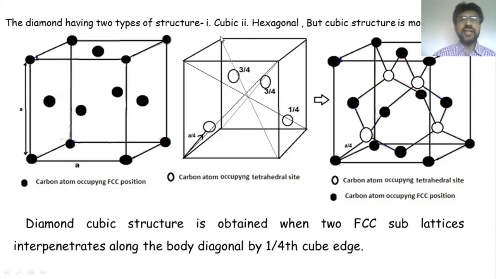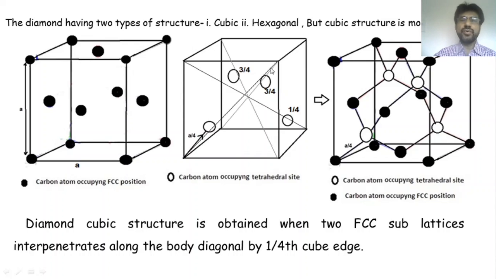Now in case of the third diagonal, if we connect from this corner to this corner, its position is towards this corner, so its distance from this corner will be 3/4 of the edge of the unit cell.